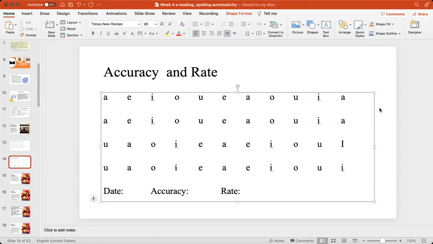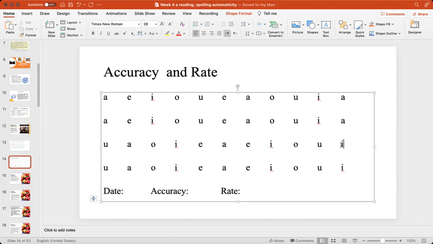So what we're looking for is, can our students recognize these letters efficiently, but with a high degree of accuracy, 95 to 97%? Any questions about this?